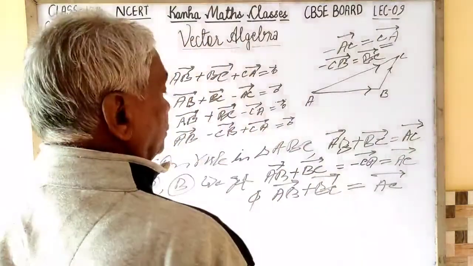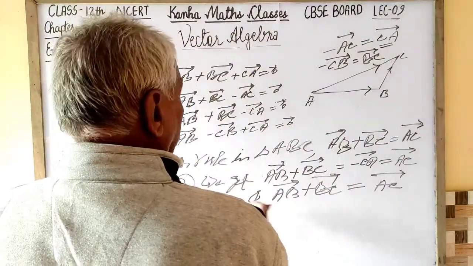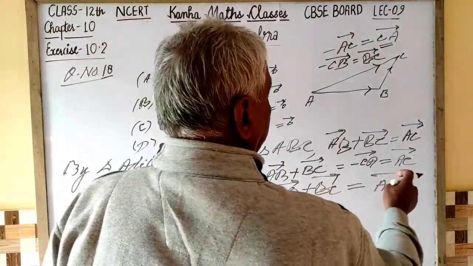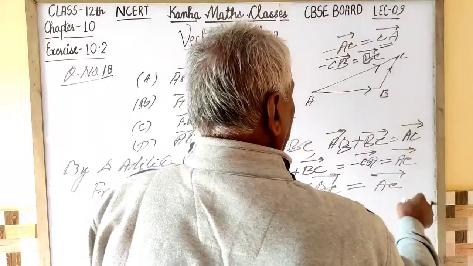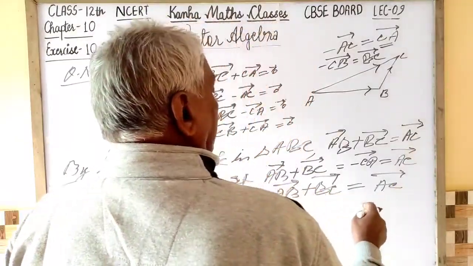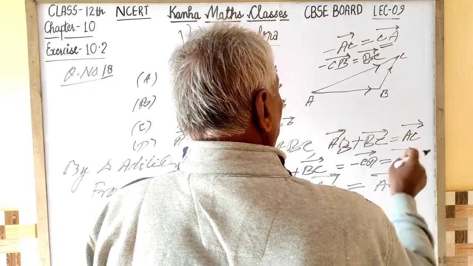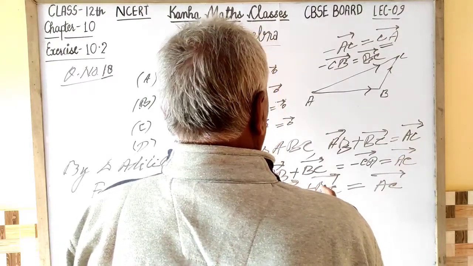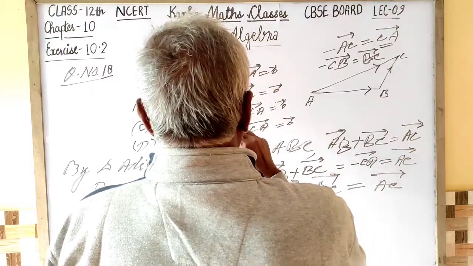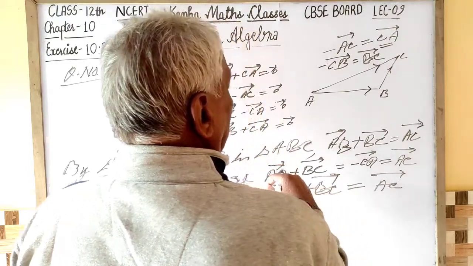Now these two have the same left hand side, AB plus BC.